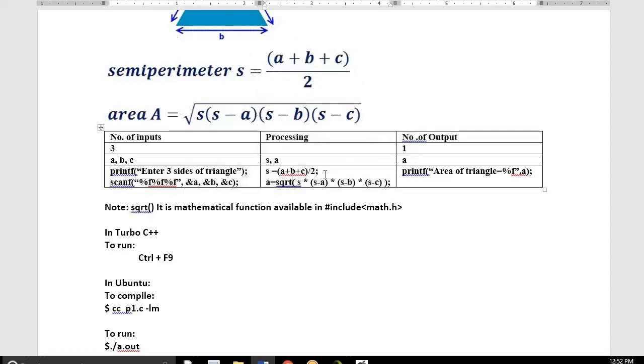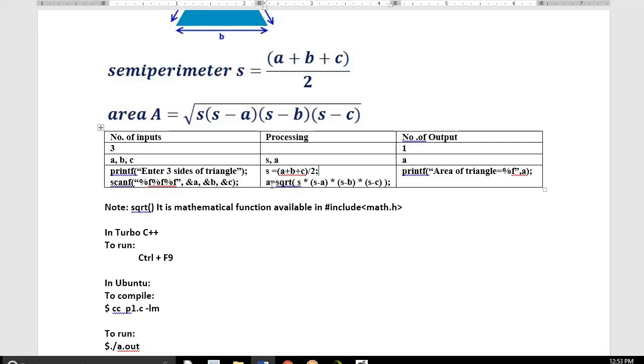C expression means what? The C compiler will understand it. All the C expressions we write in a single line. This is a mathematical expression. This is a C expression. All C expressions we write in a single line. S equals (A plus B plus C) divided by 2. Semicolon. One instruction is over.